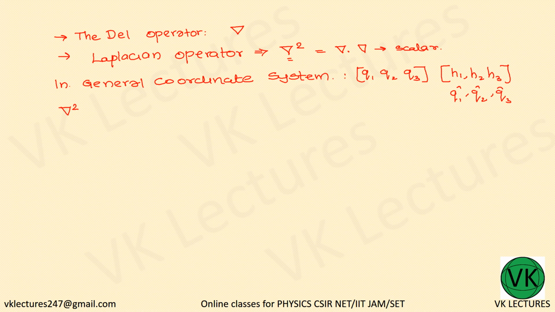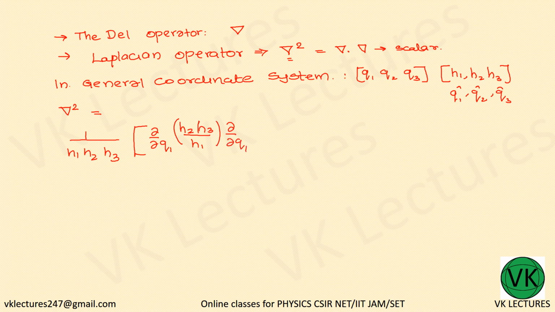Now del square is equal to 1 divided by h1, h2, h3 times dou by dou q1 of h2 h3 by h1 times dou by dou q1.